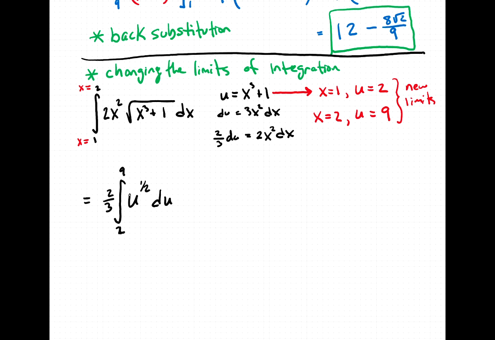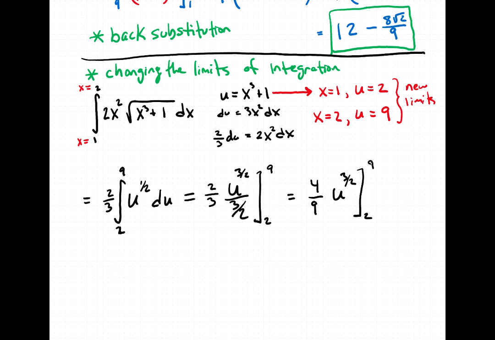Now those limits of integration are u values, which means once we find the antiderivative, which will be in terms of u, we can plug in the 2 and the 9. So that's 2/3 u to the 3 over 2 over 3 over 2, exactly what we had before, evaluated from 2 to 9, or 4 over 9 u to the 3/2 power, evaluated from 2 to 9.